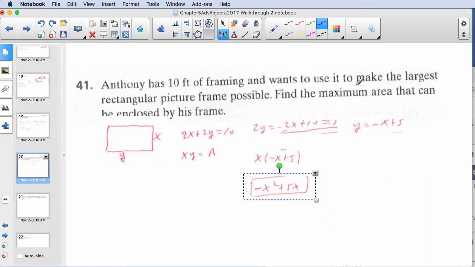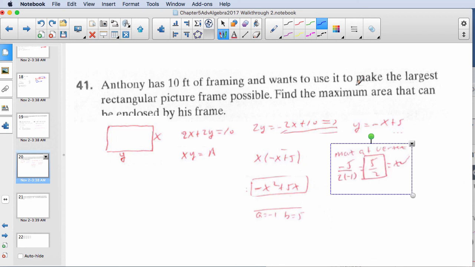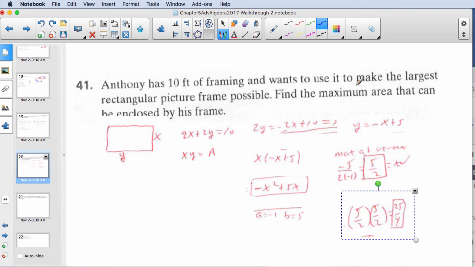So if we can find the vertex of this parabola, that's going to give us the maximum area. So the vertex, well, here's a and b. We'll go ahead and go minus b over 2a. That means that the x value is going to be 5/2. The y value is also going to be 5/2, and we can multiply those two together to get the area of 25/4.